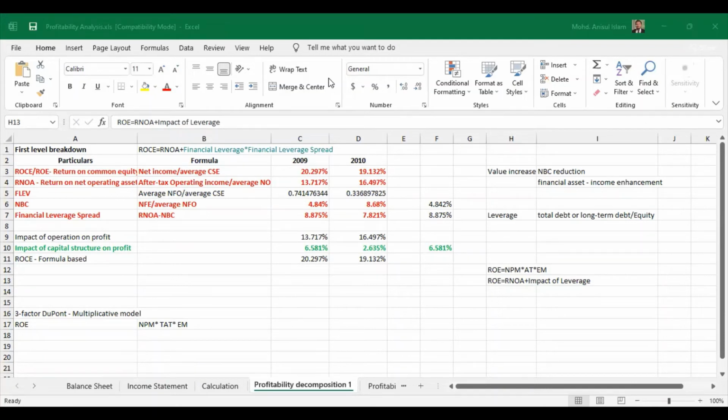Someone has asked, would you please repeat what is the interpretation of the value 8.875%? Fine.